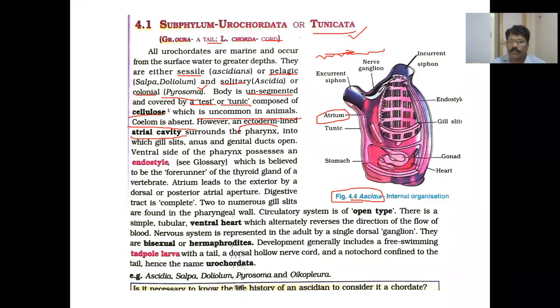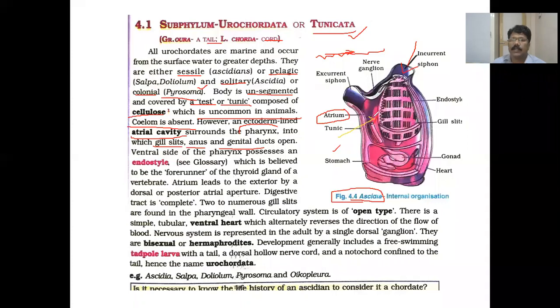Pharynx region means that which is beyond the mouth. We will see what the atrial cavity is. And in the atrial cavity, we can see the gill slits, the anus and the genital ducts open. So this is the stomach. So this is the atrial cavity.